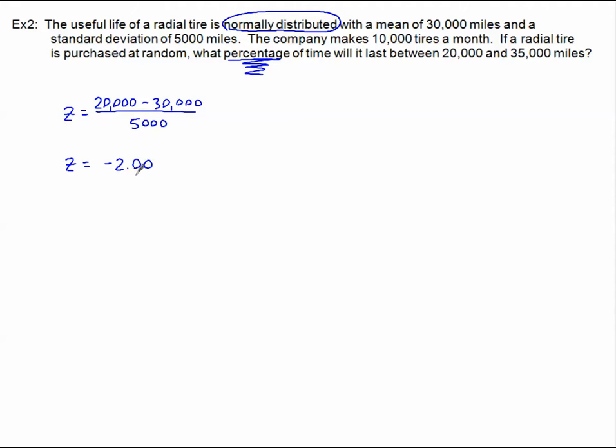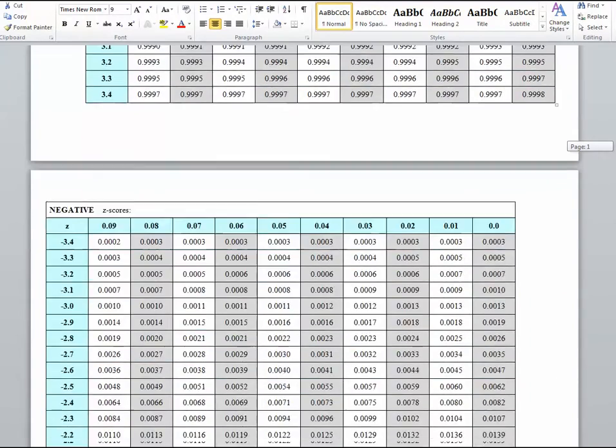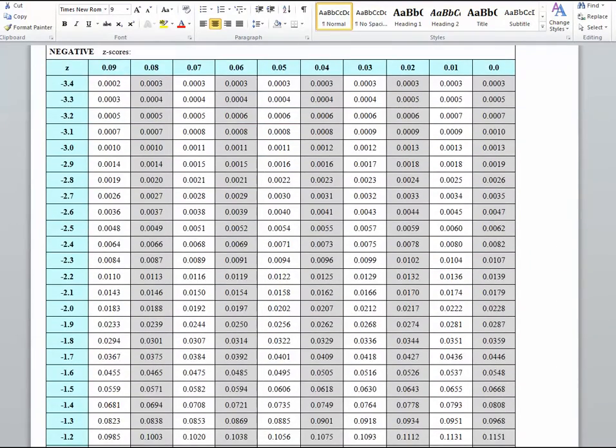Now we need to figure out what percent from our chart goes to the -2.00. So let's go to the negative side of our chart. There we go. -2.0 is here, and then remember it's backwards across the top. We have to go all the way to this last cell. -2.00 would be right here, 0.0228.